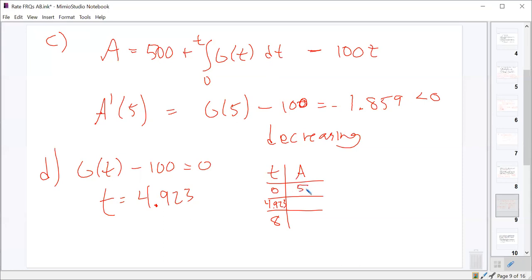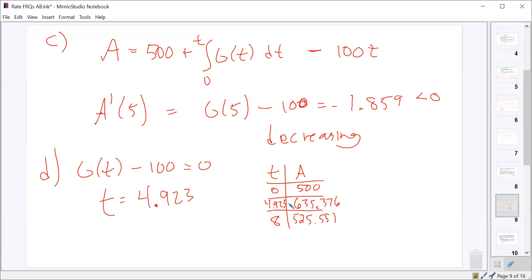The first one is 500. And what did the last one come out to be? The last one should have been 500 plus that first value we got from B minus 800. What did that come out to be for 8? Now, we already did the integral from 0 to 8 of g, right? It's like 525.551. Okay. And then what was the value at 4.923 when you plugged that in? I got 635.376.